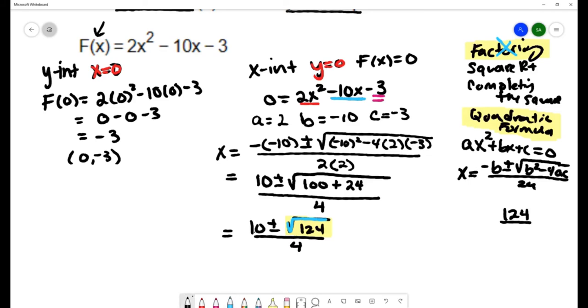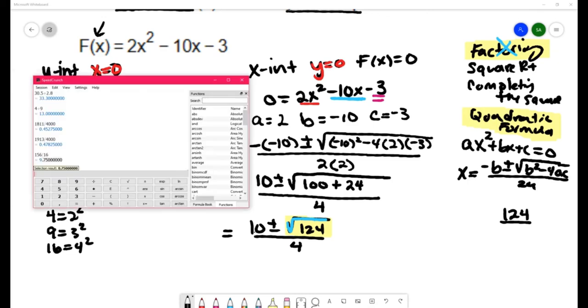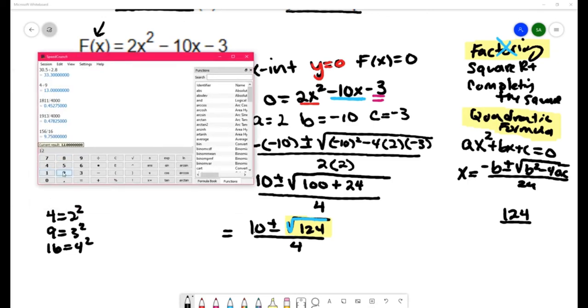So we're going to test out 4, which is 2 squared, 9, which is 3 squared, 16, which is 4 squared, and see if we have any of these factors. So I've got my calculator here, and let me divide 124 by 4, and that does work. It's 31.